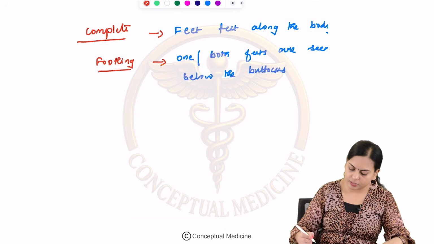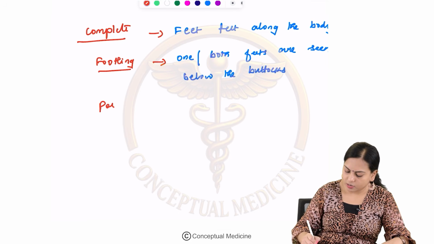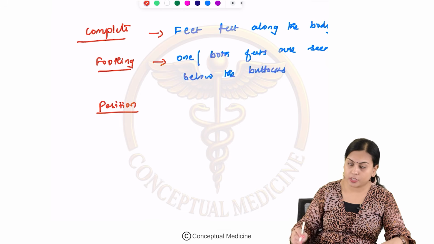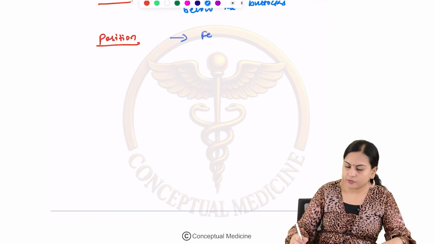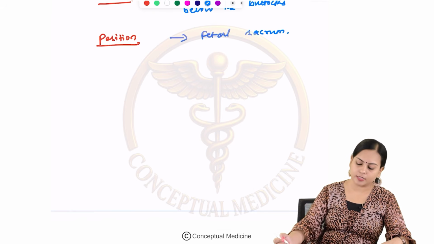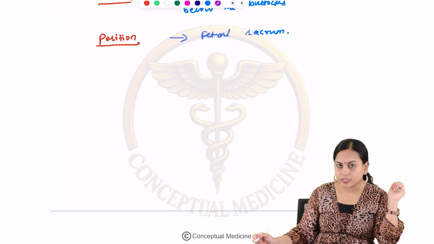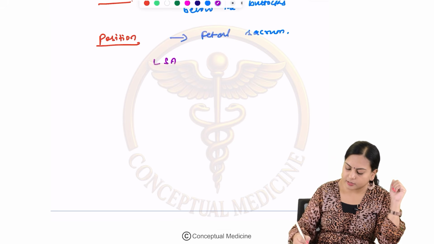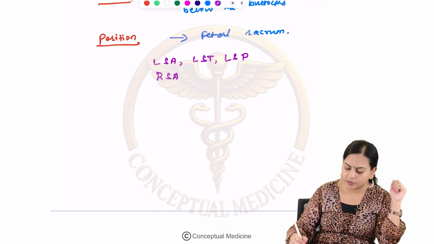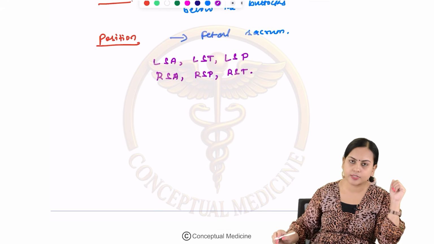Then, in assessing the fetal position, know that you have to search for the fetal sacrum because that is going to be the denominator. The possible positions of breech presentation include left sacro-anterior, left sacro-transverse, left sacro-posterior. The same way, right sacro-anterior, right sacro-posterior, right sacro-transverse.